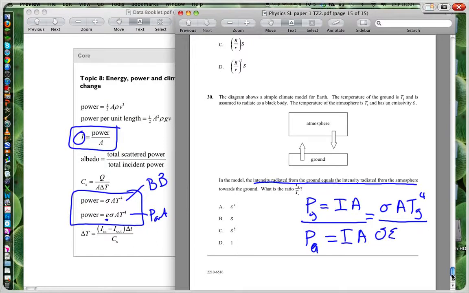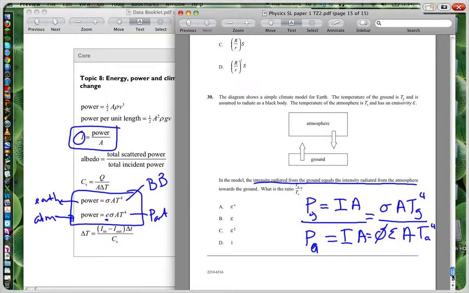Now we've got our emissivity here, because this is for the atmosphere, we have to use this formula for the atmosphere, and for the Earth we have to use this formula because we are told that it's a perfect emitter. So we have there is equal to e A Ta to the 4.